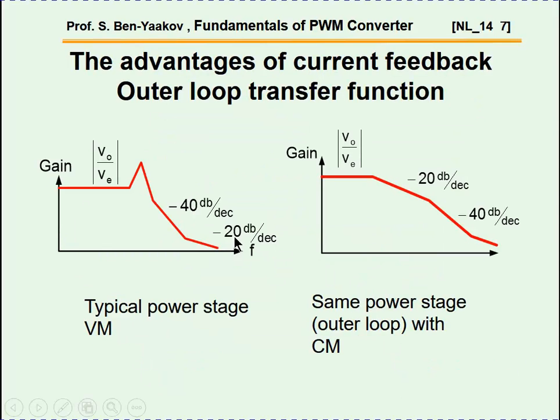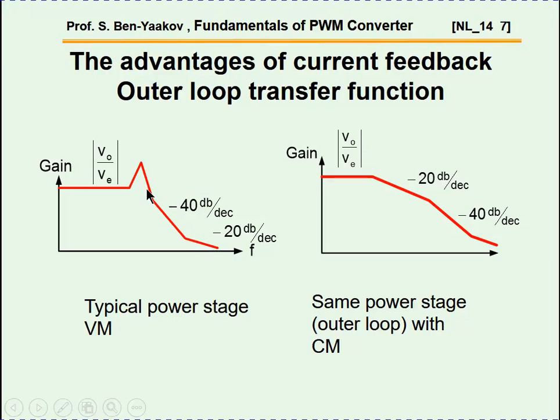So here what happens? We had this second order system which is shown here in a Bode plot with straight lines. This is a resonant peak of this buck converter, and then it goes down minus 40 dB per decade, and then there might be a zero, so it'll go 20 dB per decade.